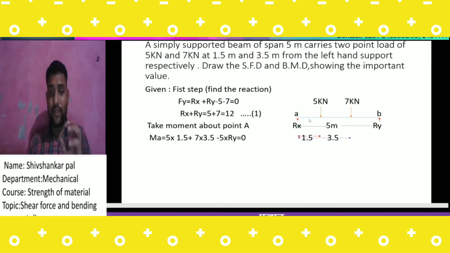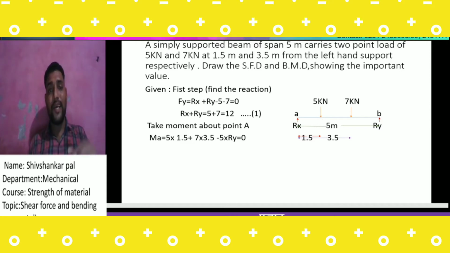Now the sum of forces in the y direction. Our convention is that a force applied in the upward direction is taken as positive, and a force applied on the beam in the downward direction is taken as negative. Here two considerations are made.